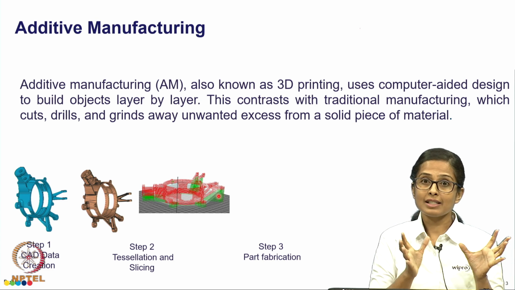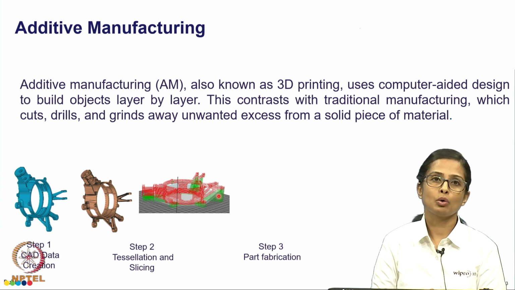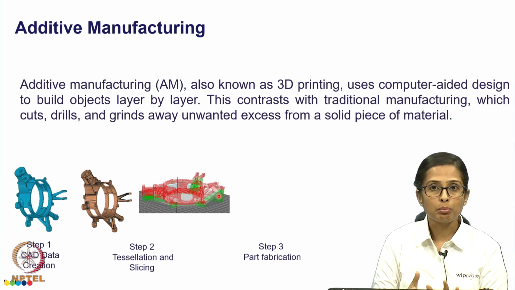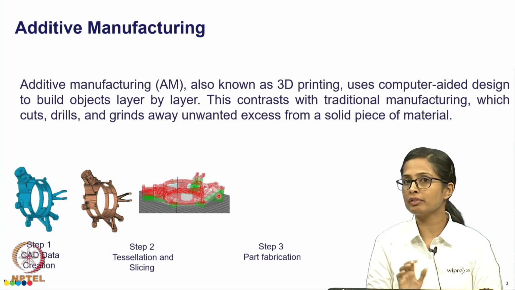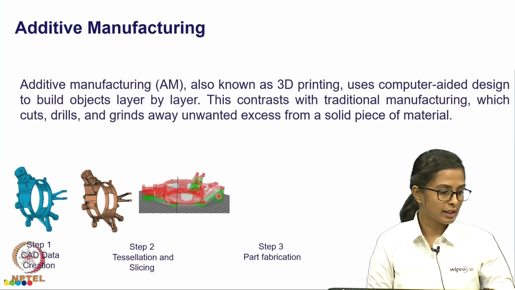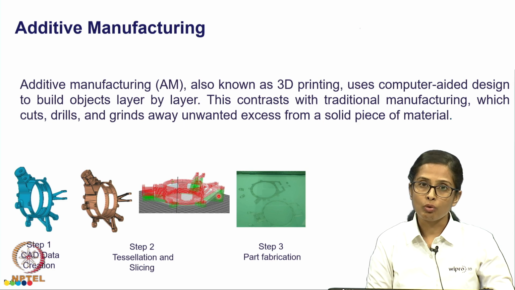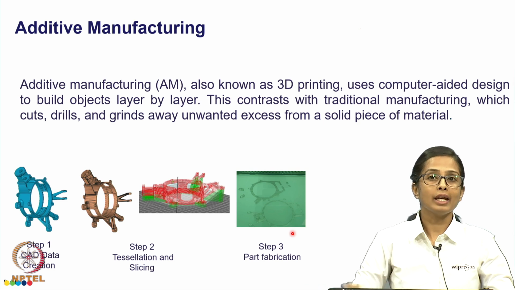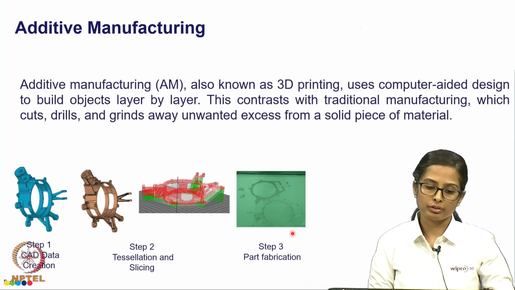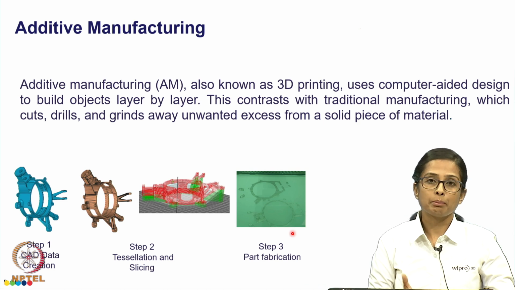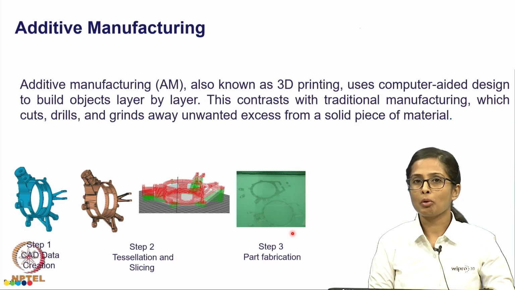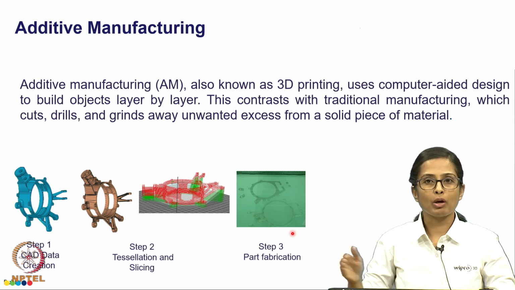So, this digital input that is required for additive manufacturing is a very important part of the definition of additive manufacturing itself. Now, once that is over, then we will do the fabrication or the printing or the additive manufacturing of the part. Now, the picture that I have used here is from a technology called as laser powder bed fusion.